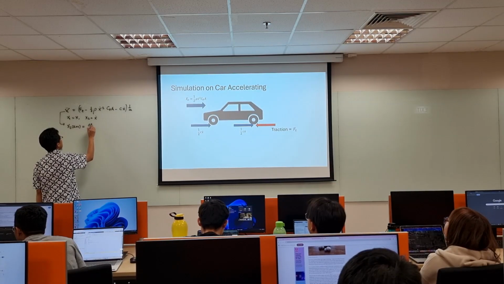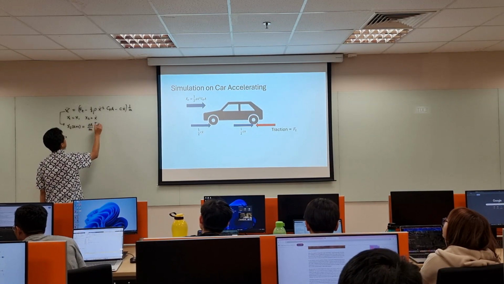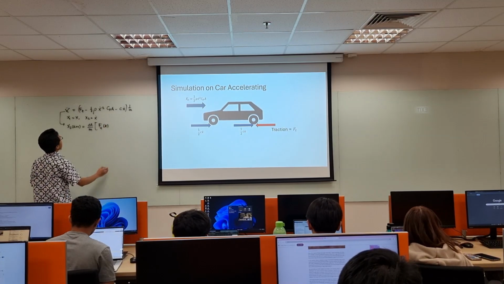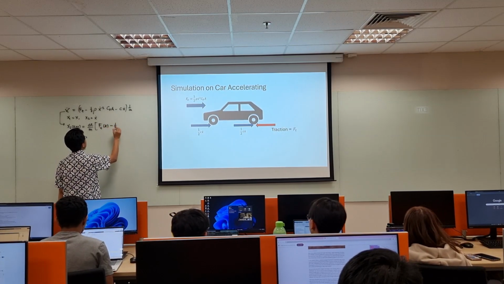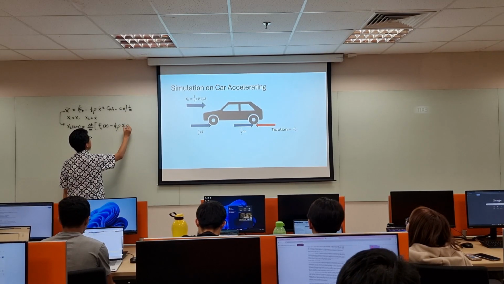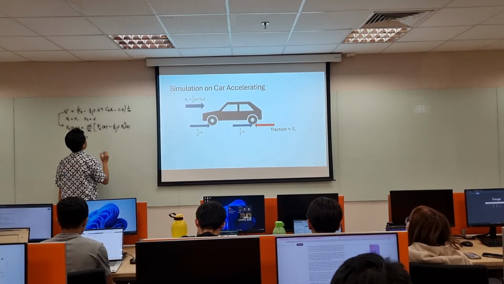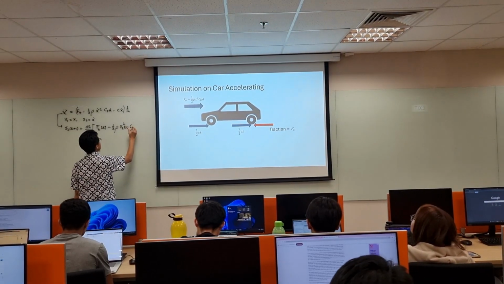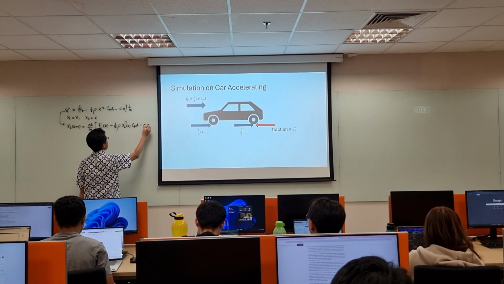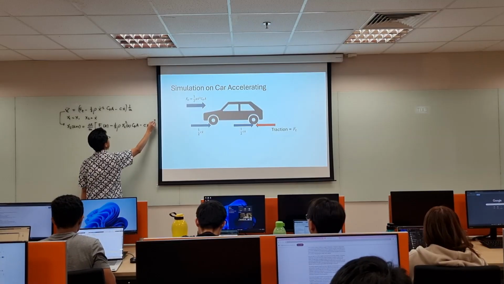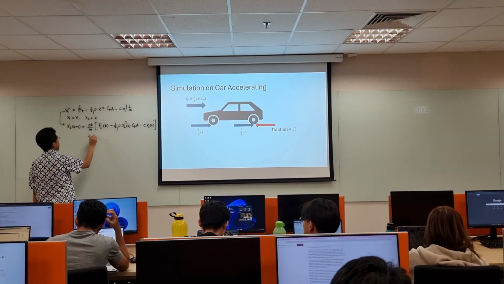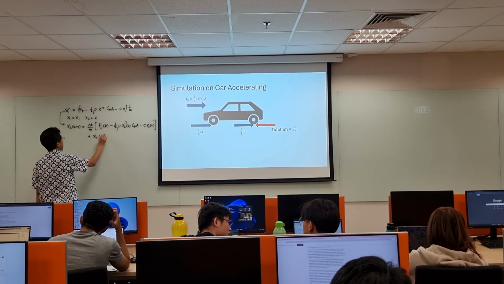So that will be function of k, and then you plus it with x2 of k, area.